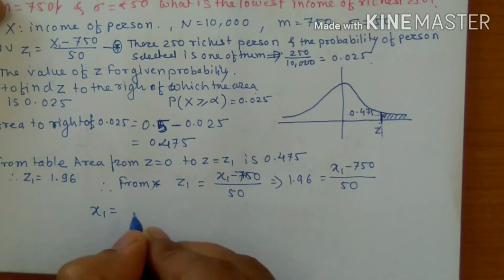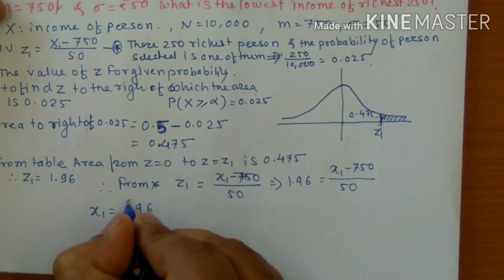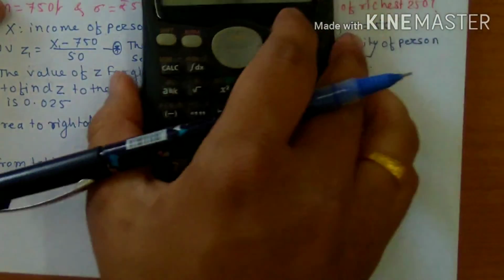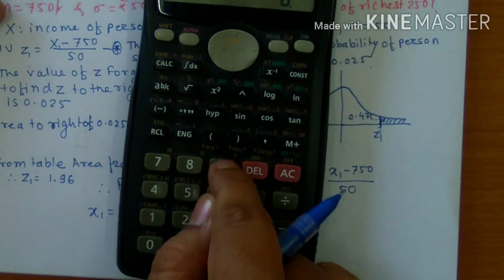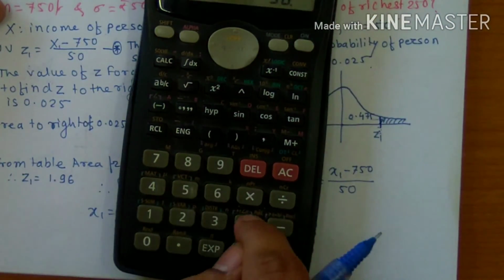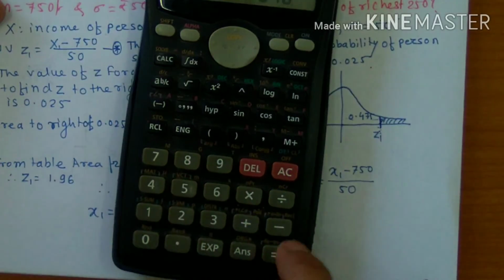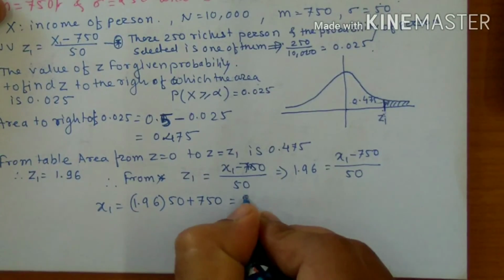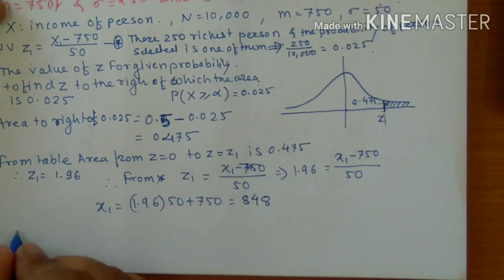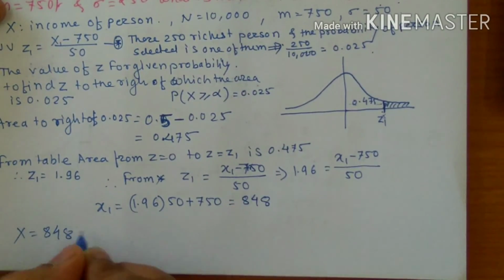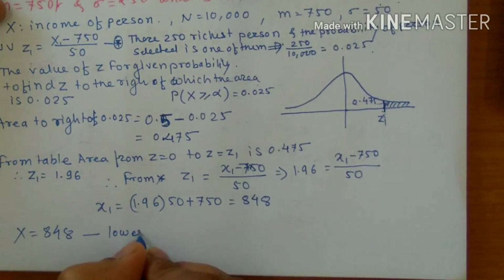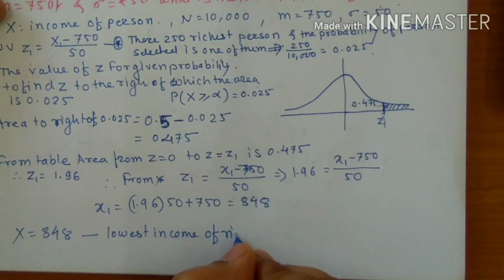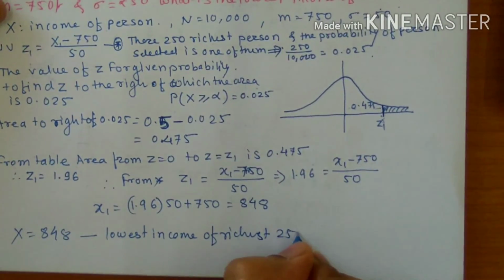Therefore x1 is equal to 1.96 multiplied by 50 plus 750. So the answer is 848. So x is equal to 848. That is your lowest income of the richest 250 persons.